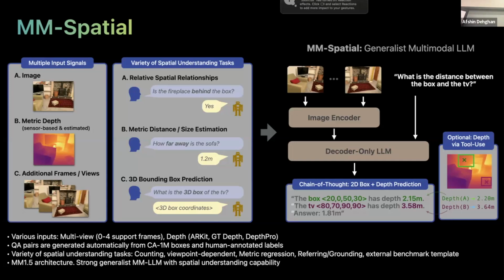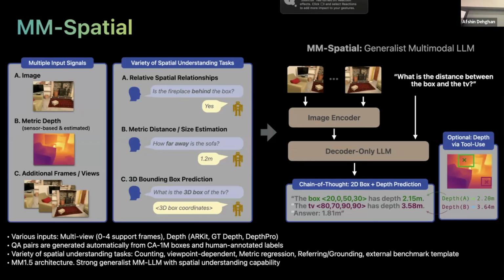And one goal that we had is that we didn't want to just take a multimodal LLM and SFT and fine-tune it on one benchmark, because then you're going to lose the general capability of the multimodal LLM. So we wanted an LLM that still keeps its general capabilities across different benchmarks, but at the same time has an elevated spatial reasoning capability. We experimented not only with different types of inputs, but also with different ways of using depth.